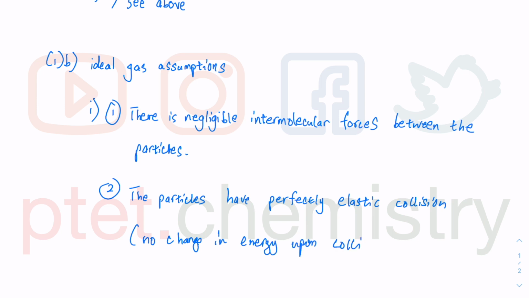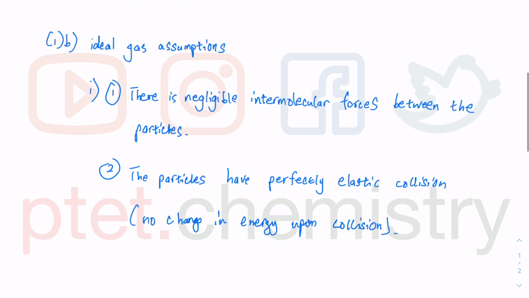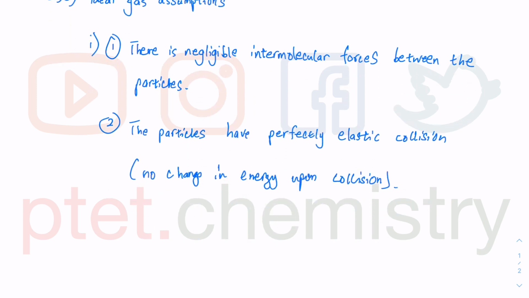So there is no loss of energy or gain of energy. It's just perfectly elastic collision, something that physicists will have understood a lot more. And of course, there's also the negligible volume, as well as another assumption I forgot already, but there are quite a number of those assumptions, of which this is probably the most important one.